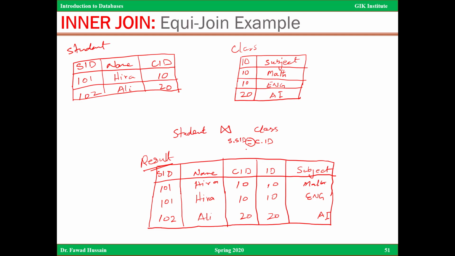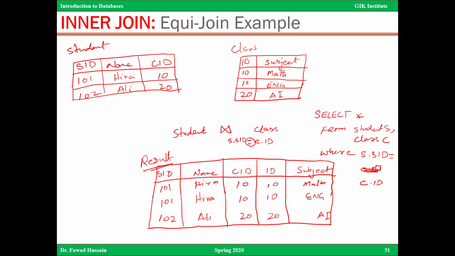And in case I am using SQL, it's simply going to be: select asterisk from student S, class C, where S dot SID is equal to C dot ID.